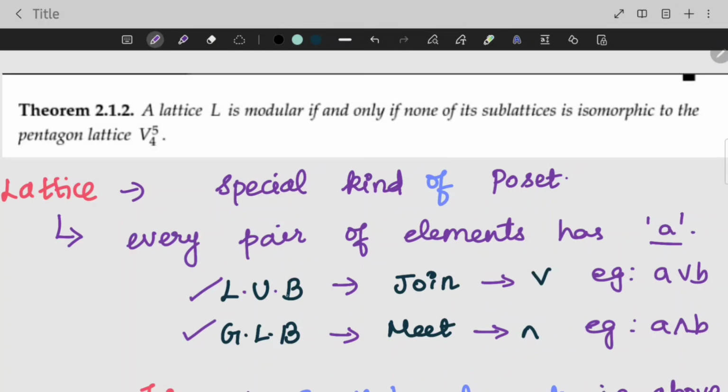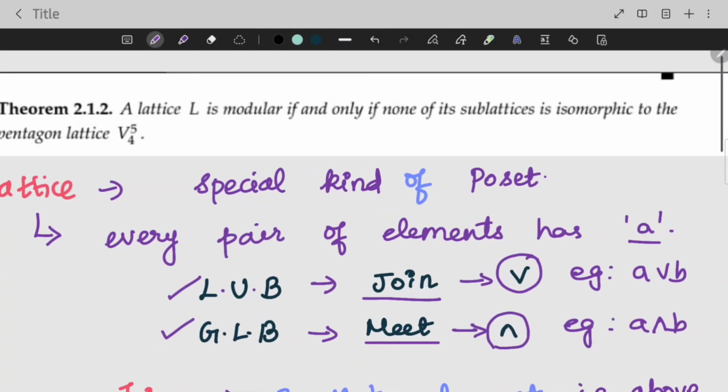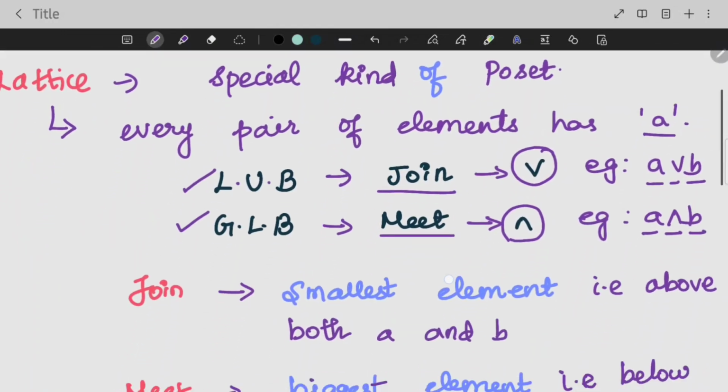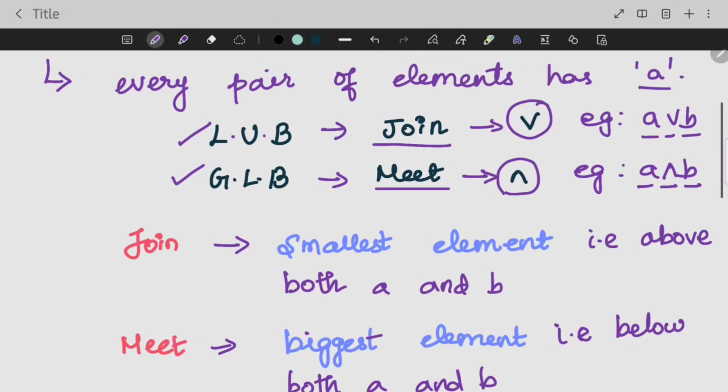The lowest upper bound is called the join, and the greatest lower bound is called the meet. The symbol of join is this and the symbol of meet is this. For example, a join b, a meet b.